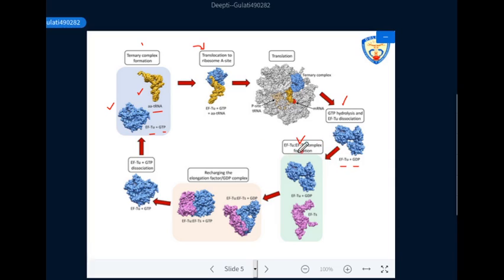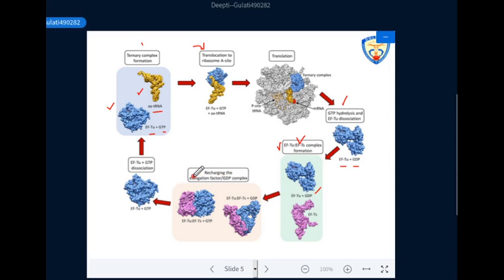So EF-Ts now forms a complex with EF-Tu and GDP is released. So we have the EF-Tu GDP complex. EF-Ts exchanges GDP and attaches to the EF-Tu. So we have now the EF-Tu EF-Ts complex formed.